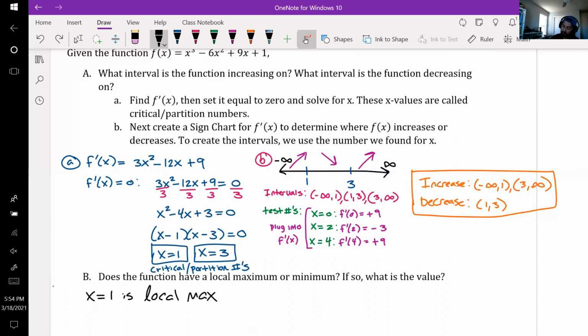Okay, and then look at 3. You decrease and then you increase, which means that 3 is going to be a what? A minimum.